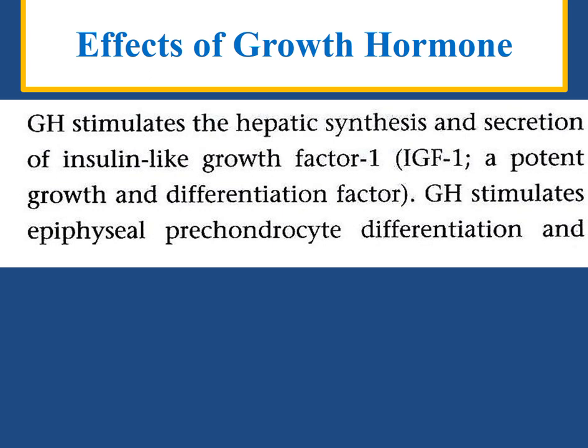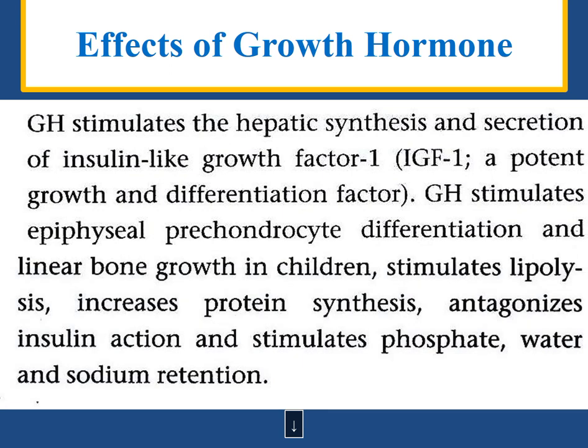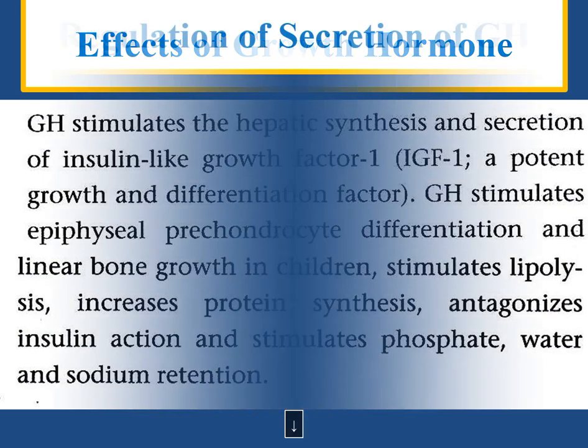It's a potent growth and differentiation factor. Growth hormone stimulates epiphyseal prechondrocyte differentiation and linear bone growth in children, stimulates lipolysis, increases protein synthesis, antagonizes insulin action, and stimulates phosphate, water, and sodium retention.